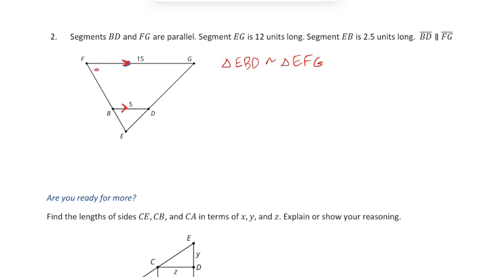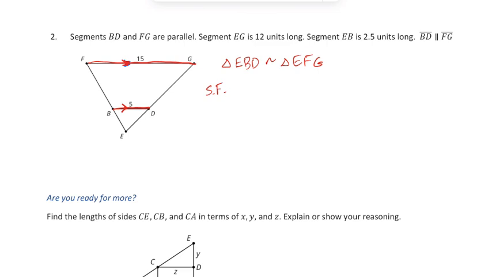Because if they're parallel, corresponding angles are the same. And then this angle is the same. And so by angle-angle, we know that those two triangles are similar. And if they are similar, then we know that the side ratios are proportional. So if FG is 15, the scale factor is going to be 3. Because this side is 5, and then it triples, so it's going to be 15.